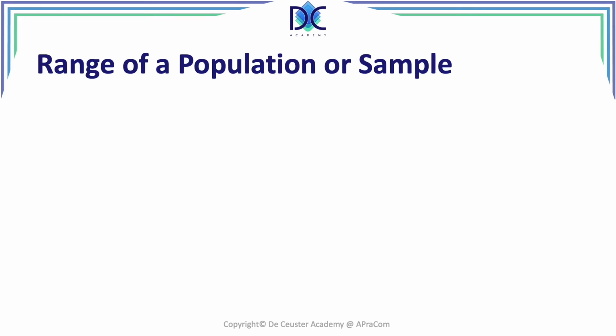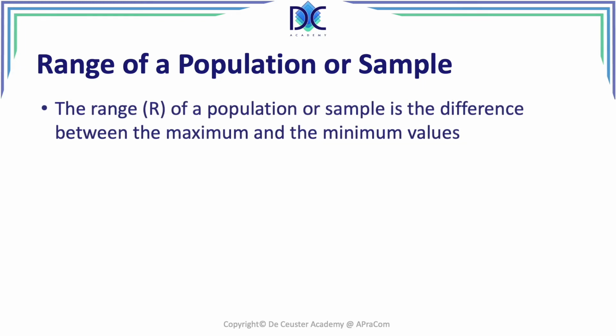Another element which is very important when we look at data, when we look at distribution, is the range of a population or a sample. The range is basically the difference between the maximum and the minimum values of the numbers in the sample or the population.